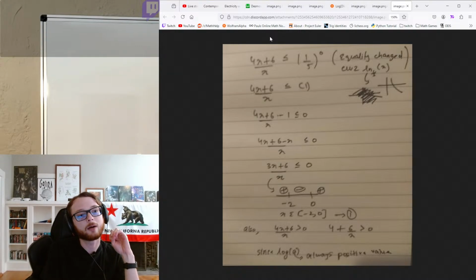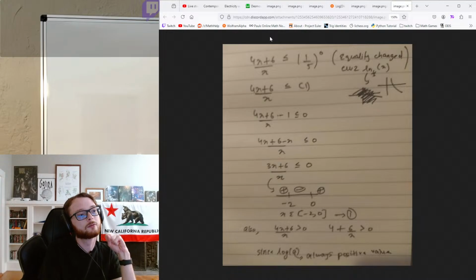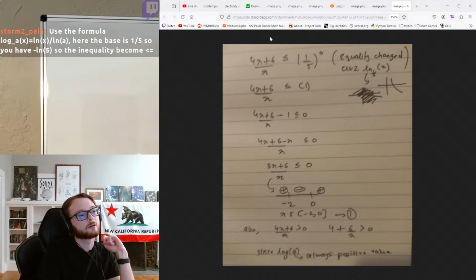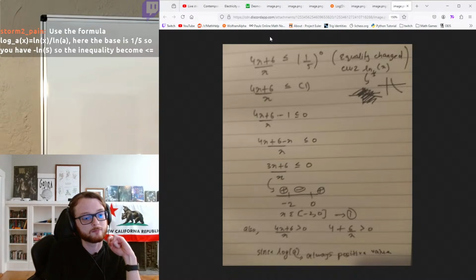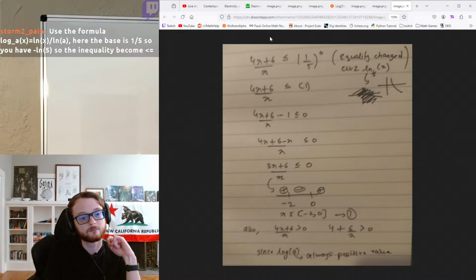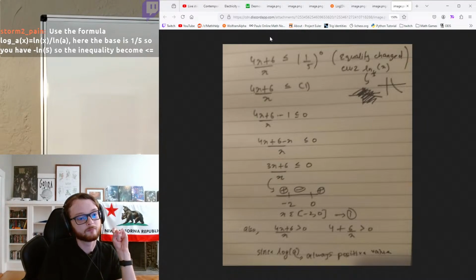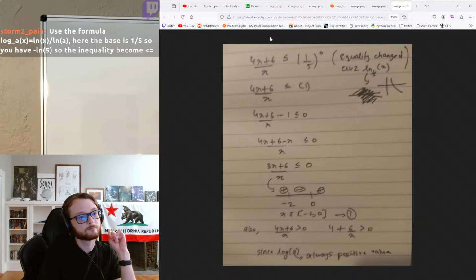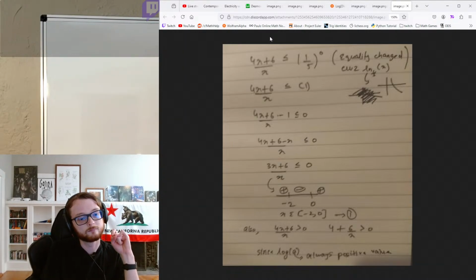One-fifth to a power greater than or equal to 0. Hmm.